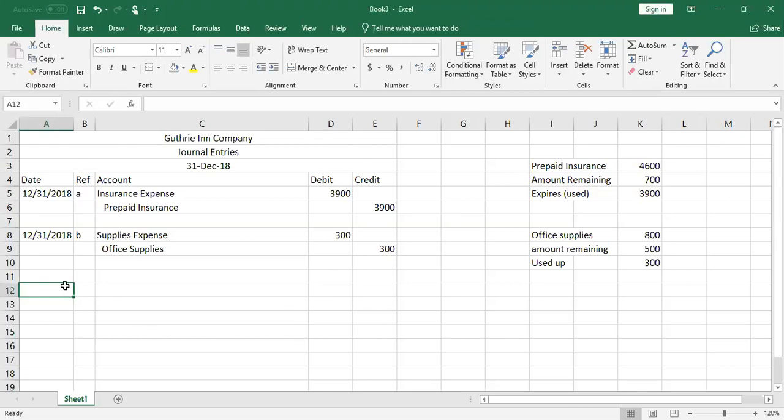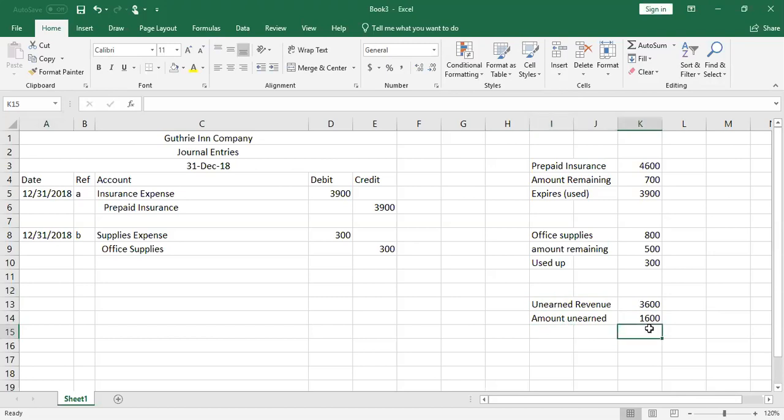Now, it says as of December 31st, Guthrie has $1,600 still unearned. So the current balance, according to our accounting record, says $3,600 is unearned. But according to the latest data, as of December 31st, the amount unearned is only $1,600.